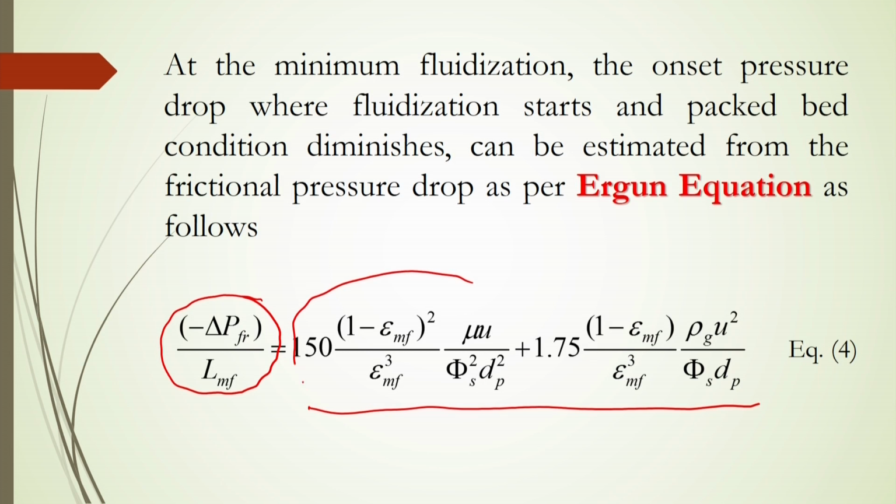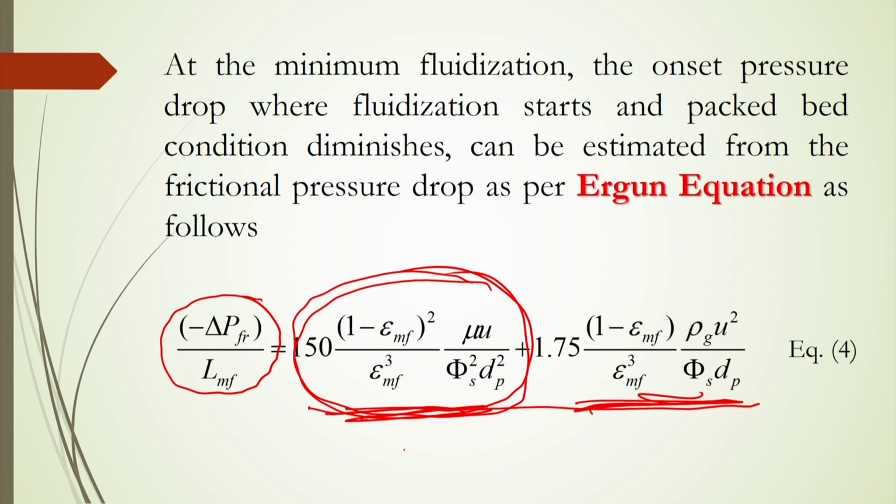Here there are two parts of this Ergun equation, one is the viscous term and the other is the inertial term.